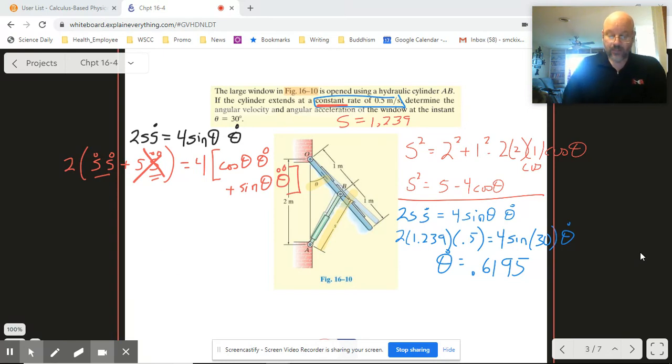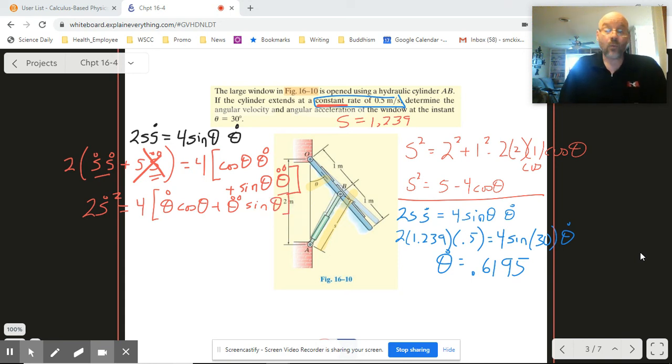Okay. So let me see if I can simplify our expression just a little bit. We're going to have 2 s dot squared, right? And it's got to be equal to 4. And let's switch it up so it's clearer: theta dot cosine theta plus theta double dot sine theta.